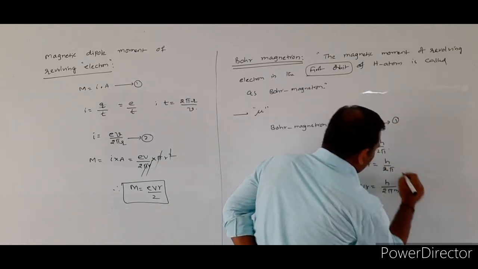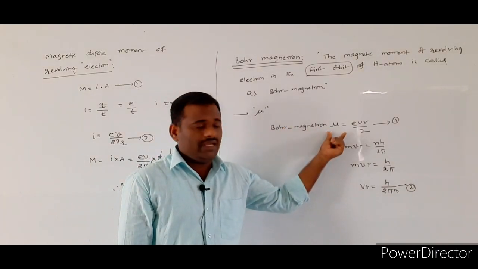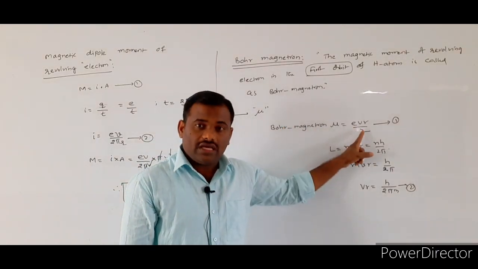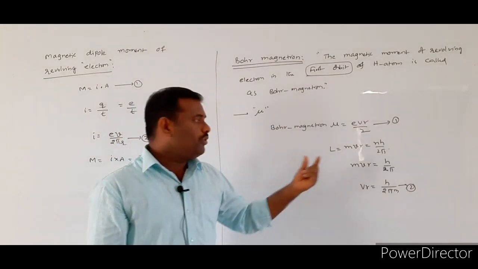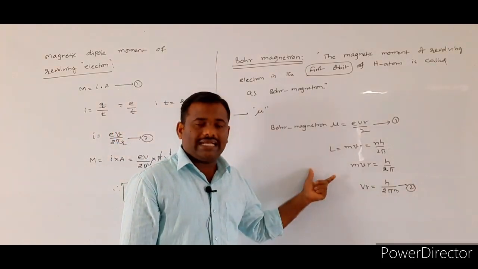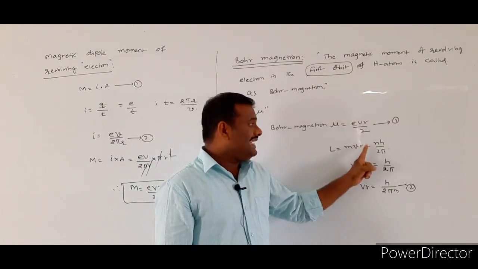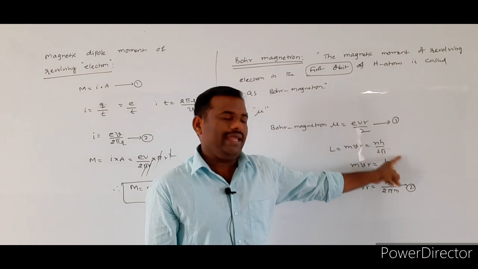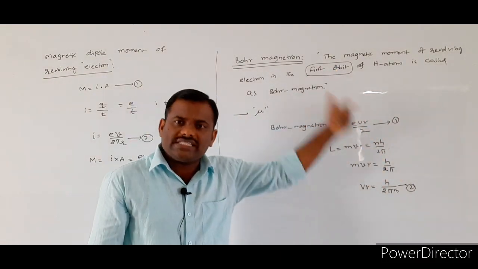This is equation number 2. Once again, see here, the Bohr magnetron value we generally wrote as mu is equal to EVR by 2. But which postulate did we apply here? The Bohr second postulate. According to that, the angular momentum of the revolving electron is n times h by 2 pi. But here the electron is revolving in the first orbit.